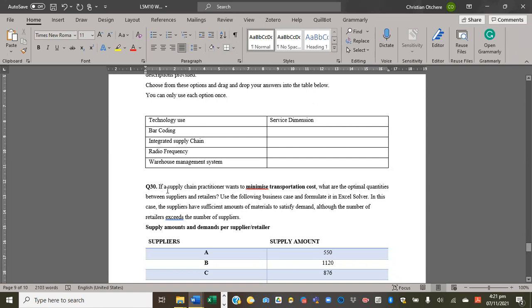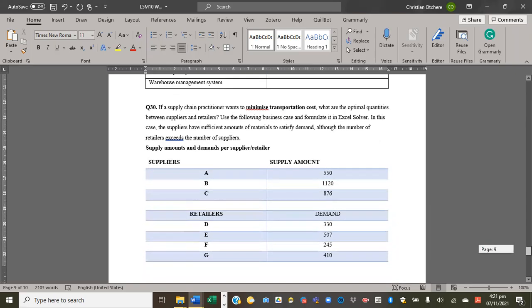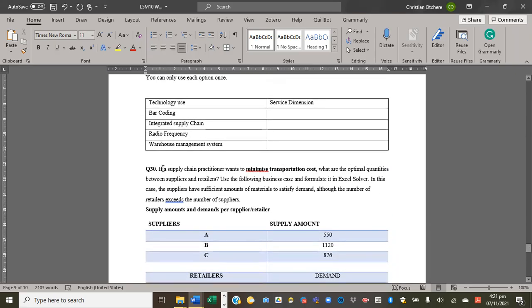Question 30. You'll have to answer it and send it to me. If a supply chain practitioner wants to minimize transportation costs, what are the optimal quantities between suppliers and retailers? Use the following business case and formulate it in Excel solver.